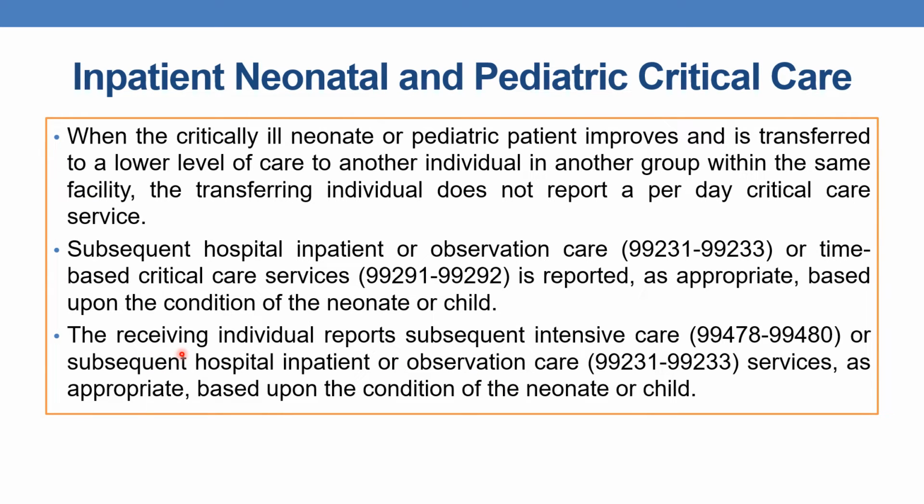The receiving individual will report either a subsequent intensive care if he is providing the intensive care, or if he is admitting the patient to a lower level of care, he might report inpatient or observation care, that is 99231 to 99233, as appropriate based upon the condition of the neonate or child.